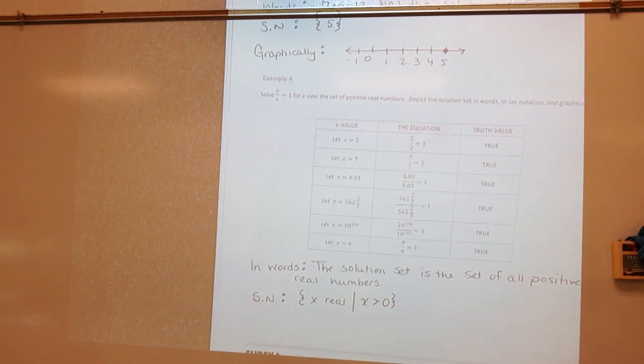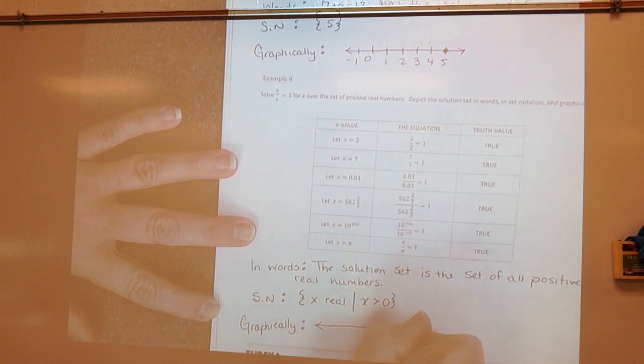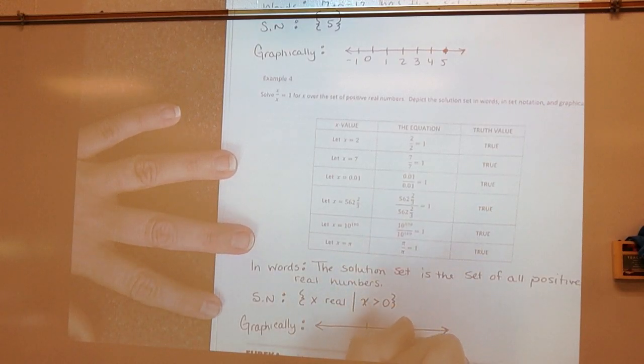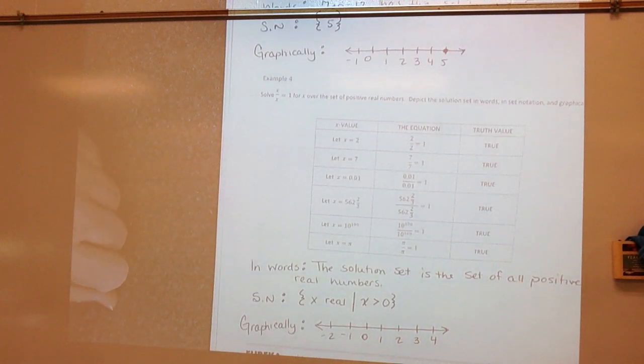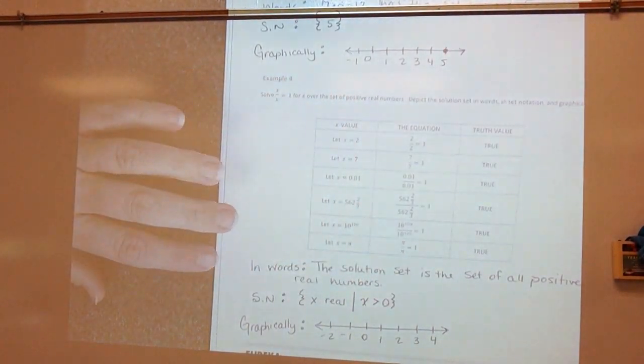All right? Now, what's it going to look like graphically? It's going to look just a little bit different, because once again, I cannot put every single positive real number on my graph. Do you realize what that would look like? It would be unreal. So, I'm going to start, and it says x has to be greater than 0, but 0 is not included.